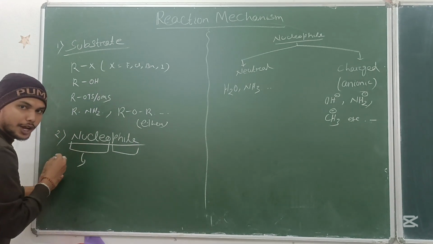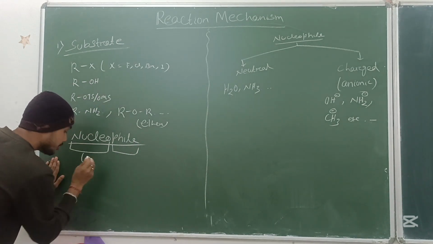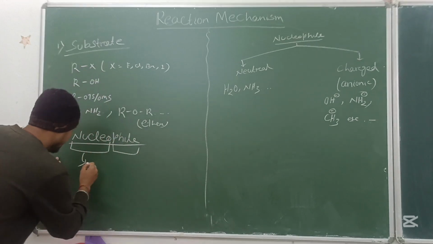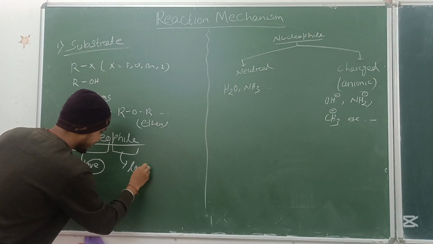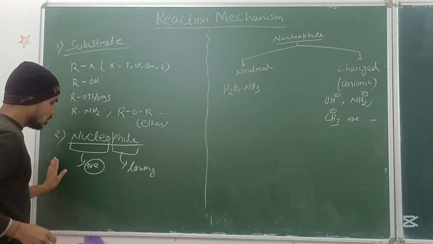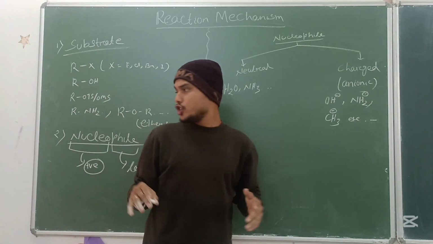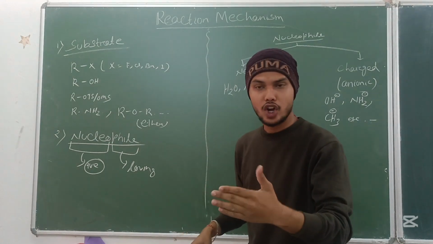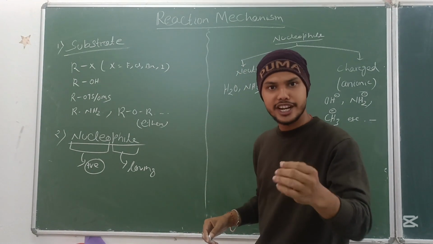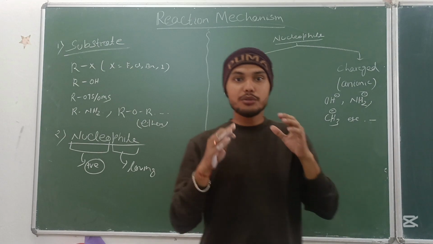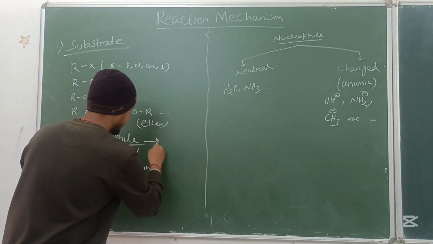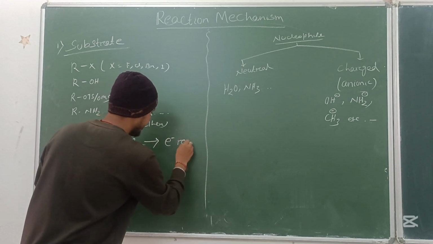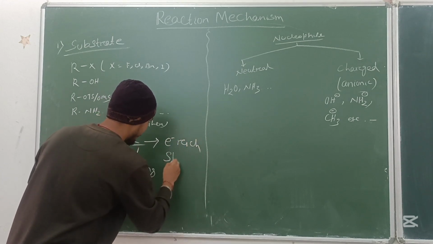Nucleo means nucleus, which is positive charge in nature. And phile means loving. So a reagent that will love positive charge must obviously be electron rich in nature. So nucleophile nature is electron rich. That is, it is an electron rich species.